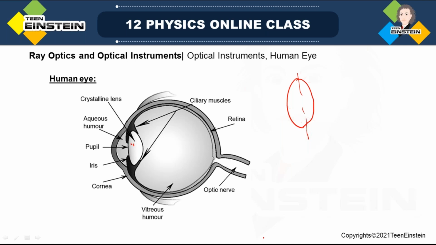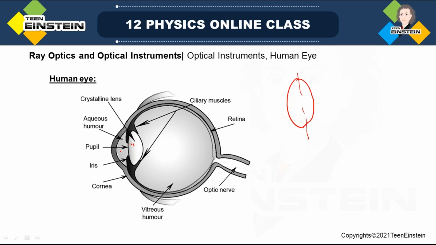So the eye lens also will create images of objects, but there is a limitation. All the rays cannot make images. So obviously we'll see there is a range of this lens.